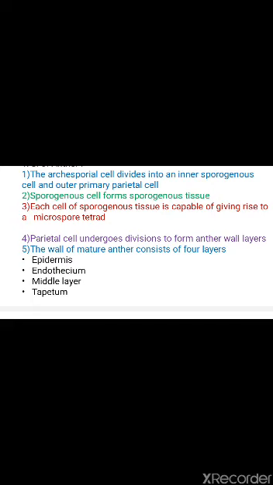The sporogenous cell forms the sporogenous tissue. Each cell of the sporogenous tissue is capable of giving rise to a microspore tetrad. The parietal cell undergoes division to form the anther wall, and this anther wall consists of 4 layers.